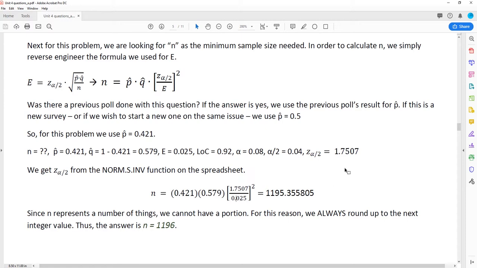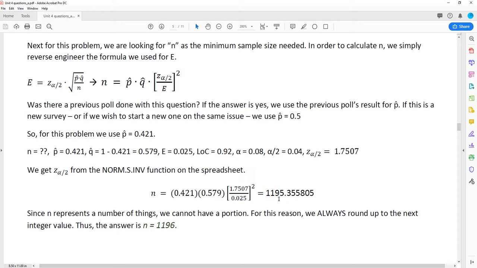However, n always represents a number of things. We cannot break that up into portions of things. In this case, we're talking about human beings, and obviously we can't have a portion of a human being. So, no matter what the number is to the right of the decimal place, we will always round the number up.